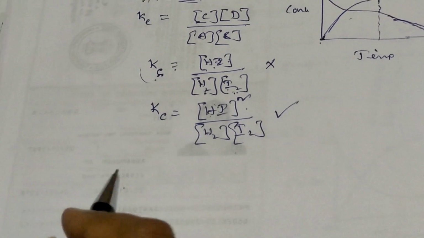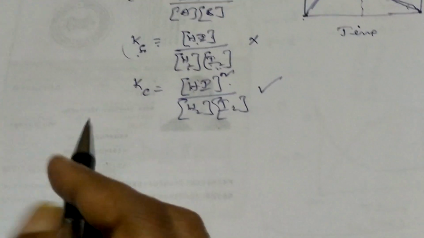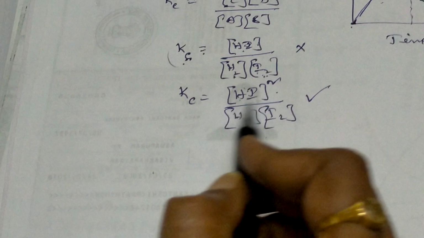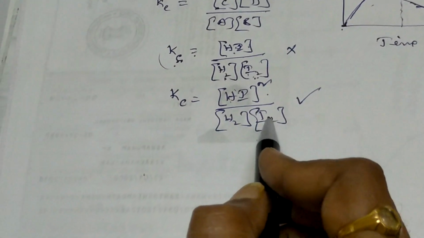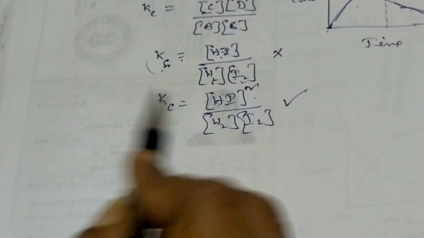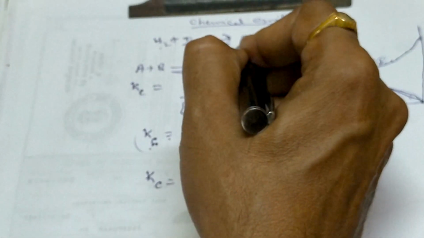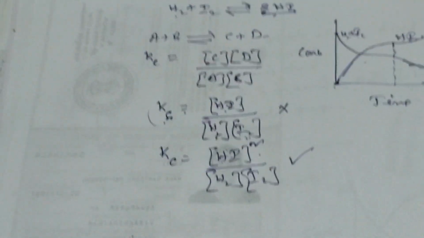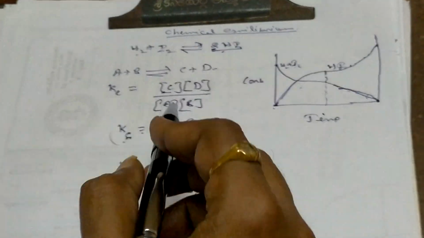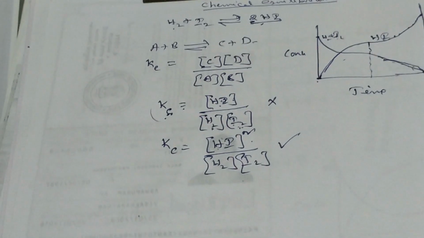So finally, what we have to define: at a given temperature, the product of the concentrations of the reaction products raised to the respective stoichiometric coefficients in a balanced chemical equation, divided by the concentrations of the reactants.